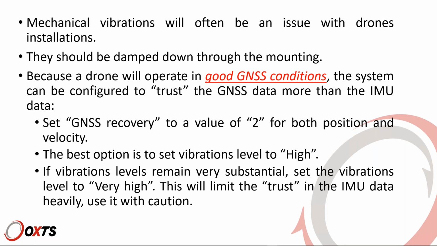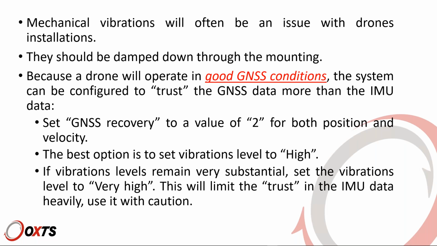And the way to do this is, one, by setting the GNSS recovery settings to a value of 2. That is basically, imagine the GNSS data and the IMU data disagreeing on, say, the position of the INS. So this value here is how many GNSS updates it should take for the system to believe the GNSS over the IMU. To give you an idea, the default is 20.